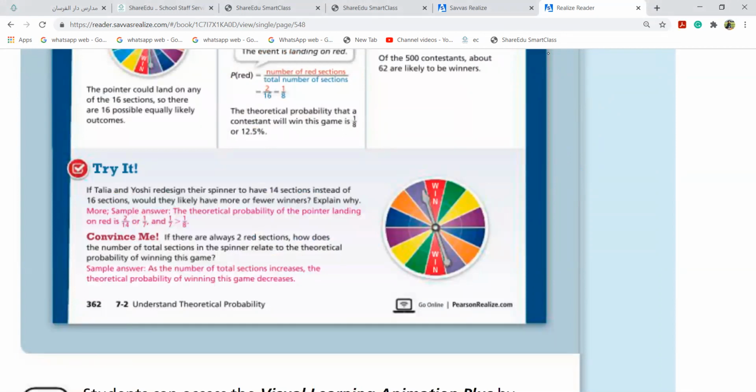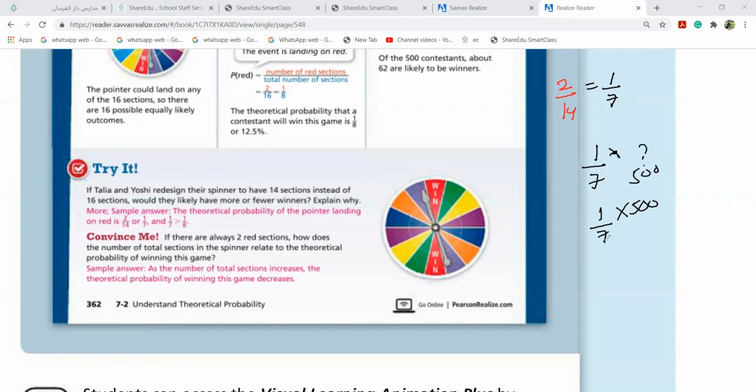Now, if Thalia and Yoshi redesigned the spinner to have 14 sections instead of 16, they will have fewer winners, of course, because the chance is divided into 14. The red will be 2 out of 14 instead of 2 out of 16. That is 1 out of 7. And then 1 over 7 of 500, so 1 over 7 times 500.